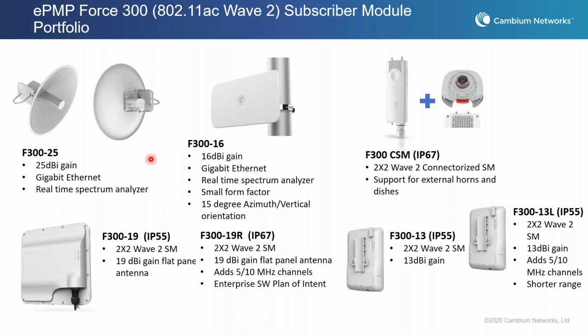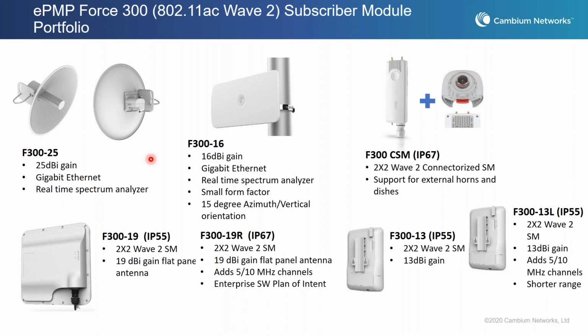And what are those situations that would warrant a gain of more than 25 dBi? One would be that you need to support a longer distance for the capacity that you're planning, because the amount of capacity that you're planning also depends on how long the range for the link is going to be.